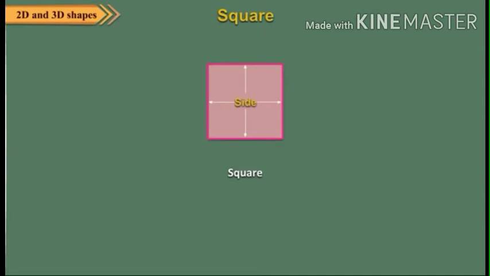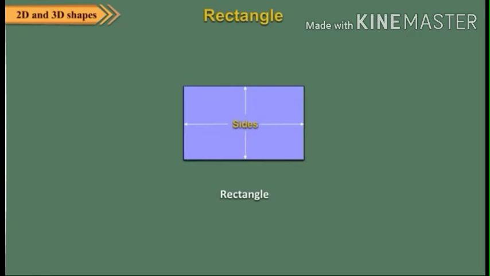All the sides of a square are equal. A square has four vertices. Rectangle. A rectangle has four sides. The opposite sides of a rectangle are equal. It has four vertices.